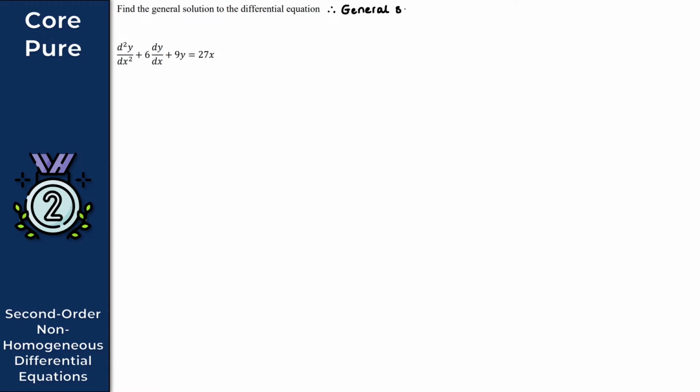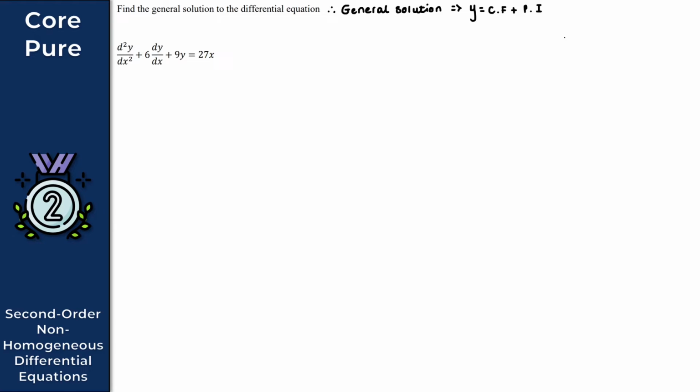The general solution, and this is for y, is y equal to the complementary function, c.f., plus the particular integral, p.i.